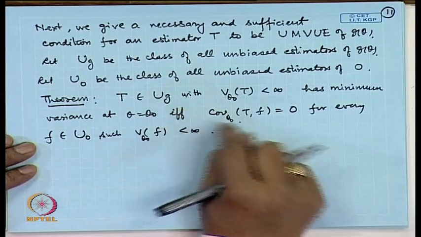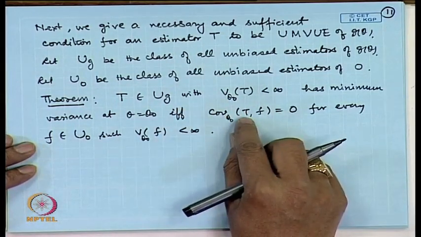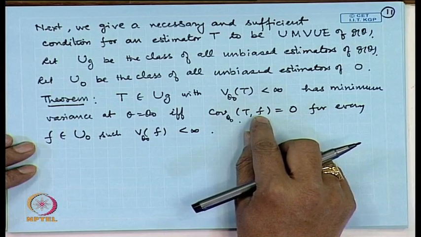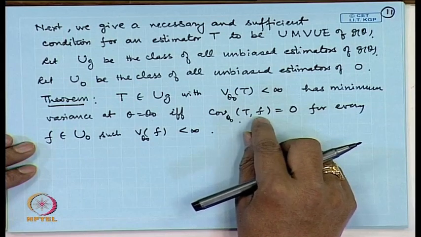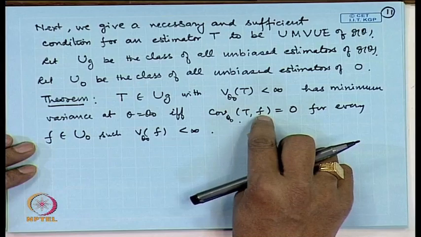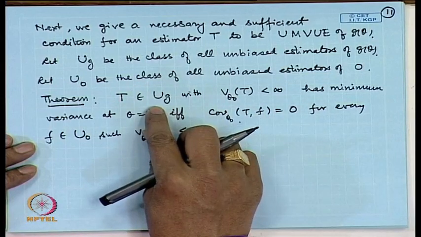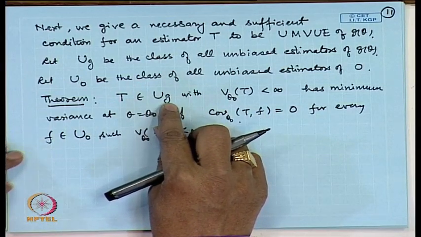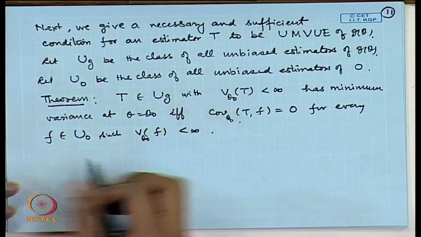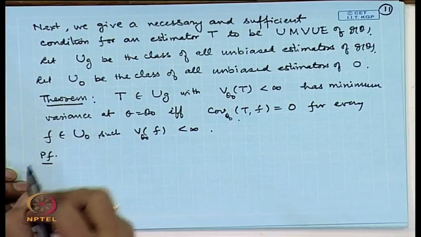That means, if an estimator has covariance 0, that is, it is uncorrelated with every unbiased estimator of 0, then this will be UMVUE of a function g. Let me prove this here.